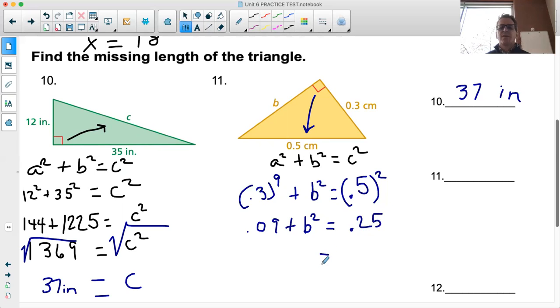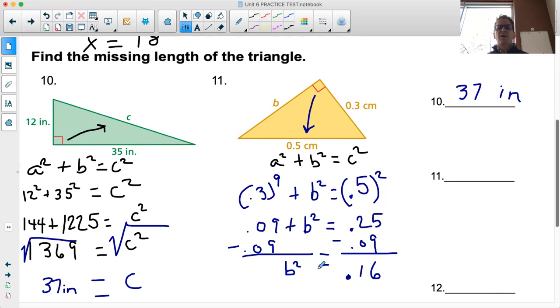Now we can solve. We are going to subtract 0.09 from both sides, 9 hundredths from the left and 9 hundredths from the right. And that brings us to b squared is equal to 0.25 minus 0.09, which is 0.16. Okay, so you're probably thinking, well, now what do I do?